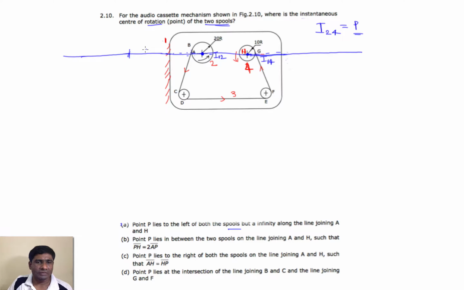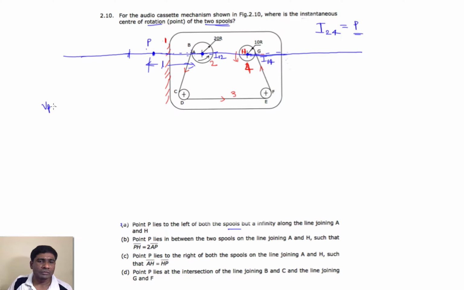And moreover it cannot be on the left side. Even if you consider a finite distance, it cannot be on the left side, because if I consider a point here at a finite distance, for example L from the bigger spool A, then what could be the velocity of point P?